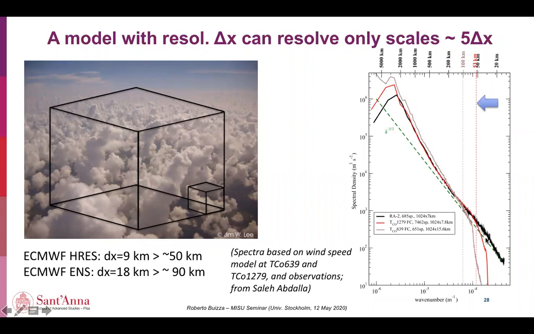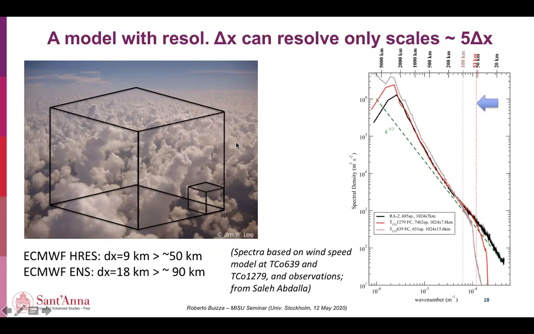We are not simulating the scales below our truncation. And one of the questions that we have to ask ourselves is, how can we possibly simulate the effect of scales which are not in the model on the scales that are in the model, for example?